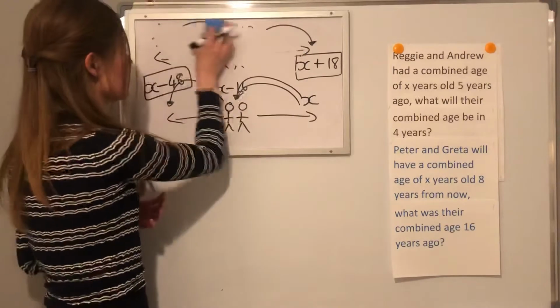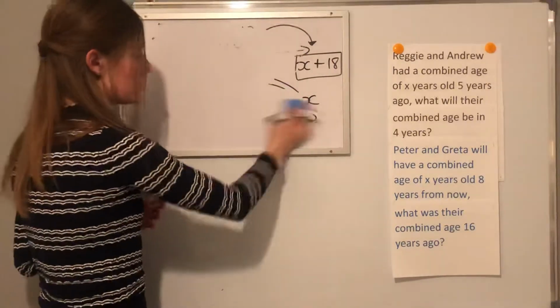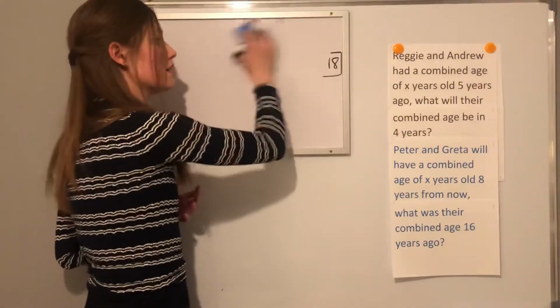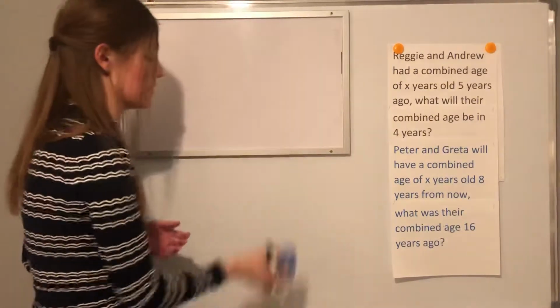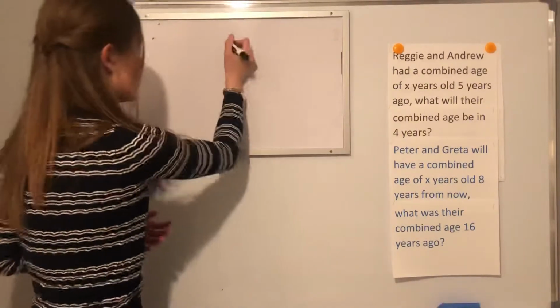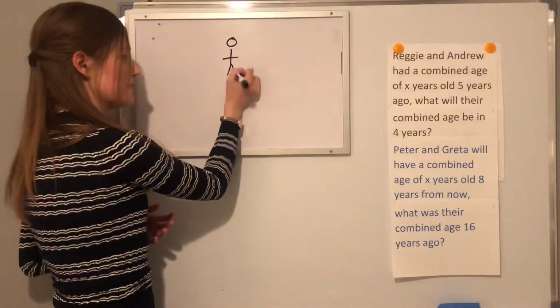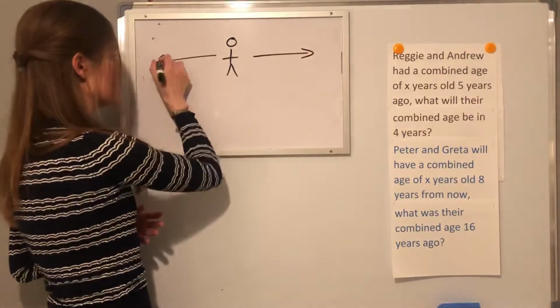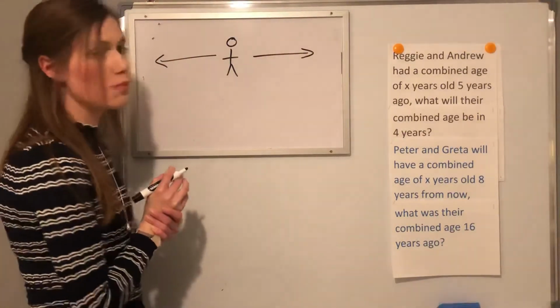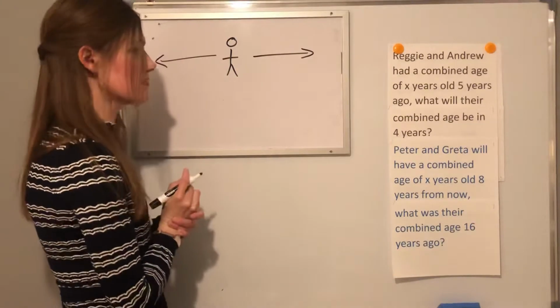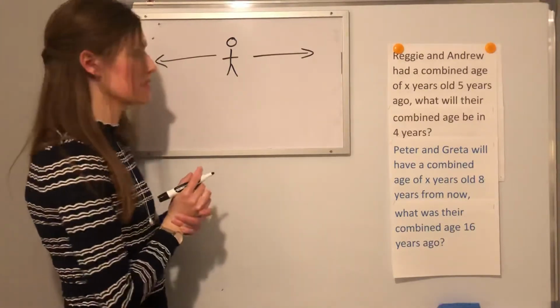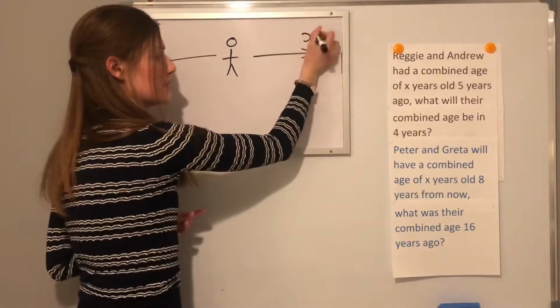Right, let's try a random one and see if you can think at home what you might have to do. So let's draw a single stick man. If it said Alice will be X years old, think where you put the X. We put it there.